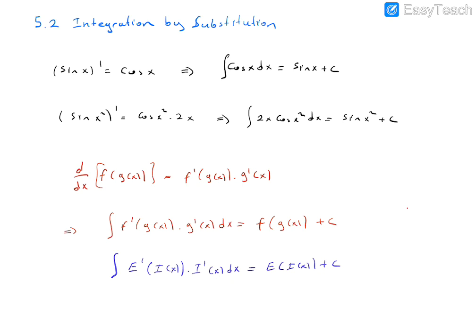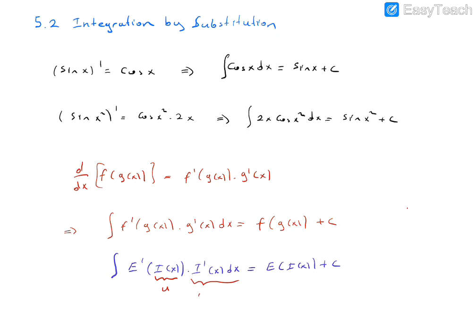So, in the application, we should find the interior function, okay? So, if you can decide the interior function, you should find the derivative of the interior function, or differentiation of the interior function. So here we say interior function is u.